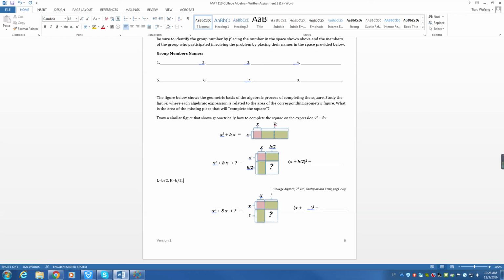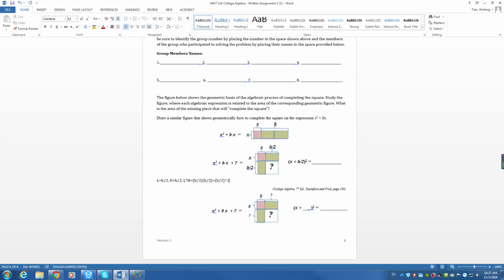So now, what is the area of this question mark? It is length times height, right? So it equals B over 2 times B over 2, right? So now this equals B squared over 4, which is B over 2 squared, right?